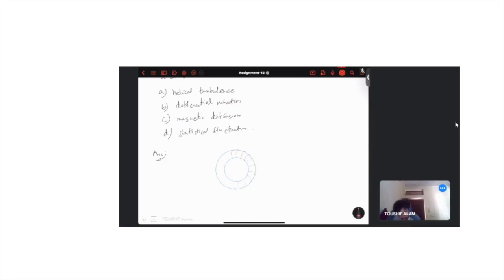So this is like a toroidal magnetic field. So magnetic field in a kind of toroid.